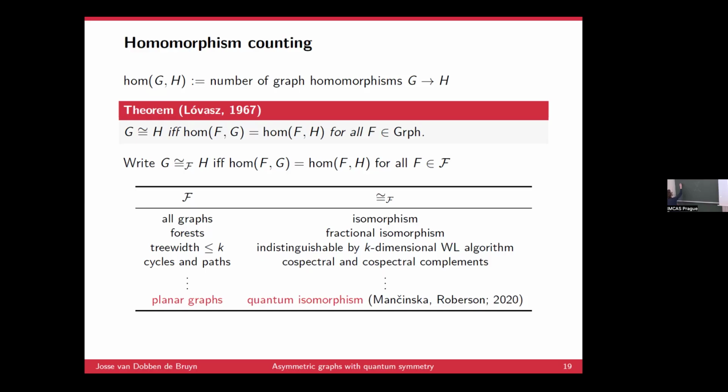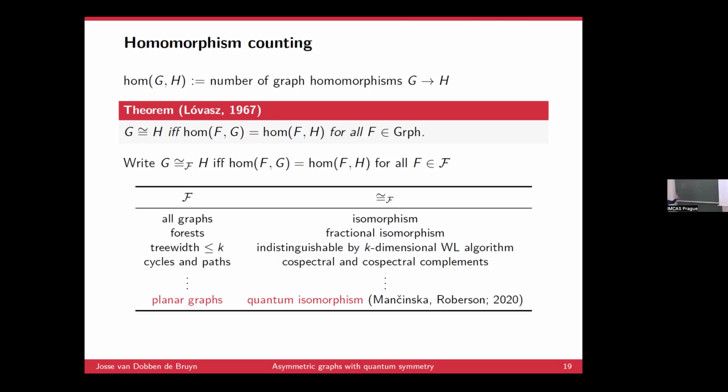Famously K33. Maybe I should have specified that there's a vertex there. That could have been clearer. So if you take a complete bipartite graph with 3 vertices on each side, this is famously not planar.